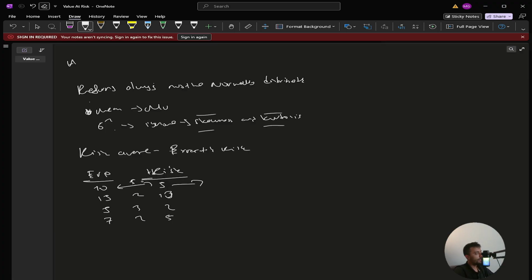Another assumption is that capital markets are perfect. What does that mean? Capital markets being perfect means the market should be efficient, guys.